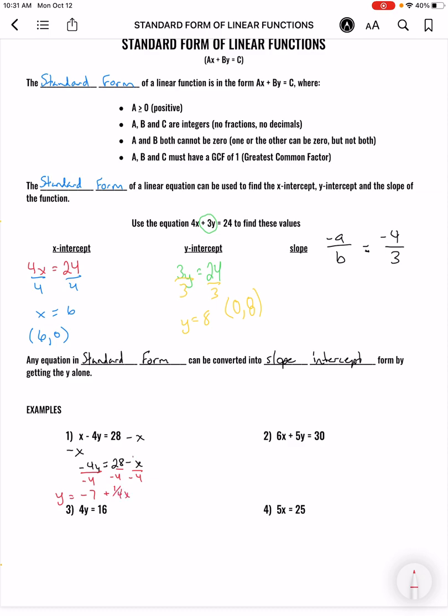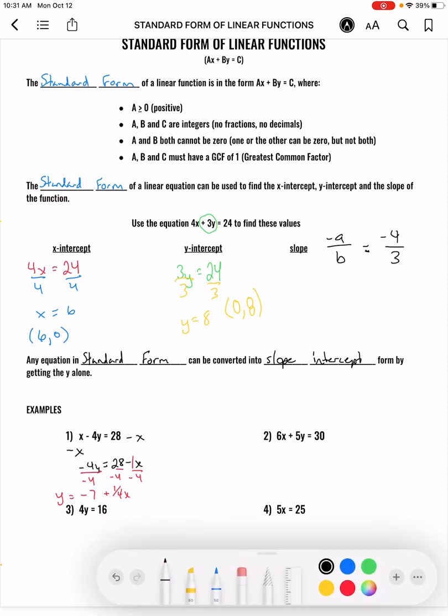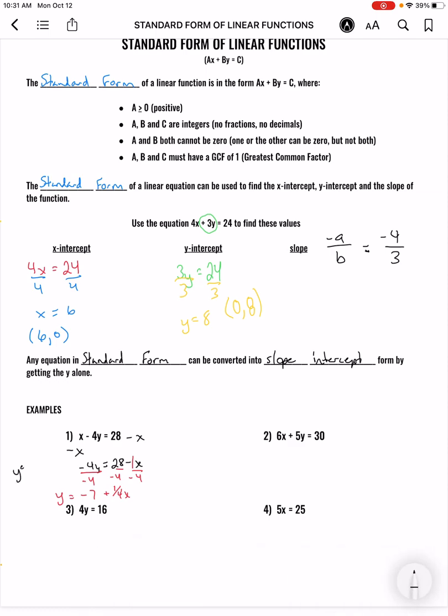Remember, anytime we have negative x, that's really negative 1x. And then a negative divided by negative is positive. So we can write it as y equals negative 7 plus 1/4 x. Or we could write y equals 1/4 x minus 7. Either one of those are acceptable. Obviously, traditionally, slope-intercept would be written the second way, but either version is okay.